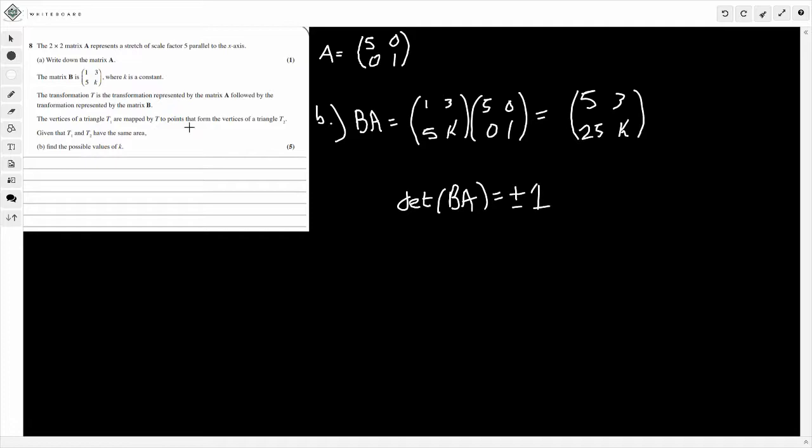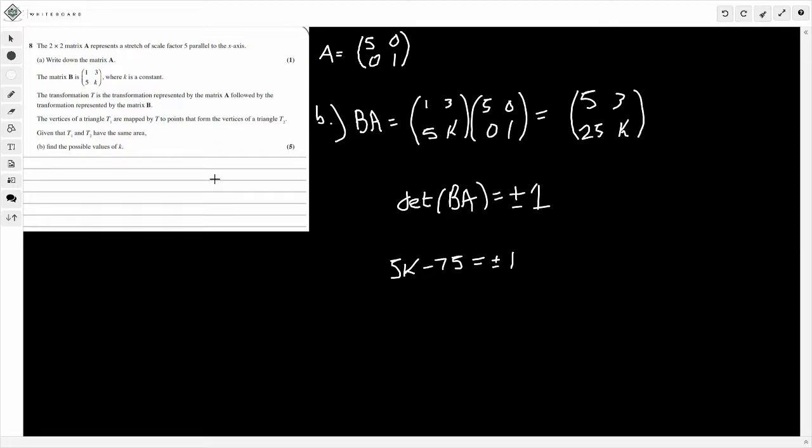And that's because they have the same area. So let's work out the determinant of this now. So 5 times K, so 5K, minus 25 times 3, so minus 75, is equal to plus or minus 1. That's what we've just established here, knowing that they have the same area.